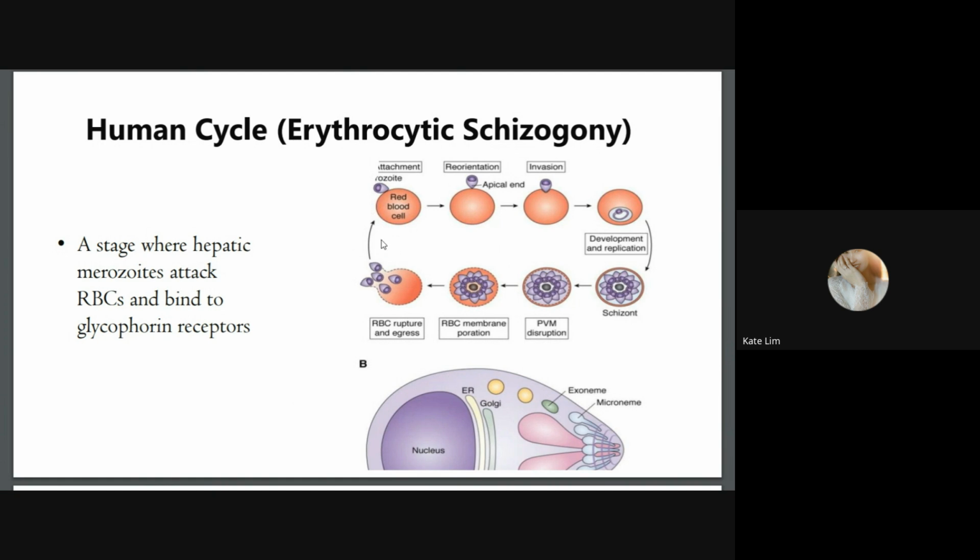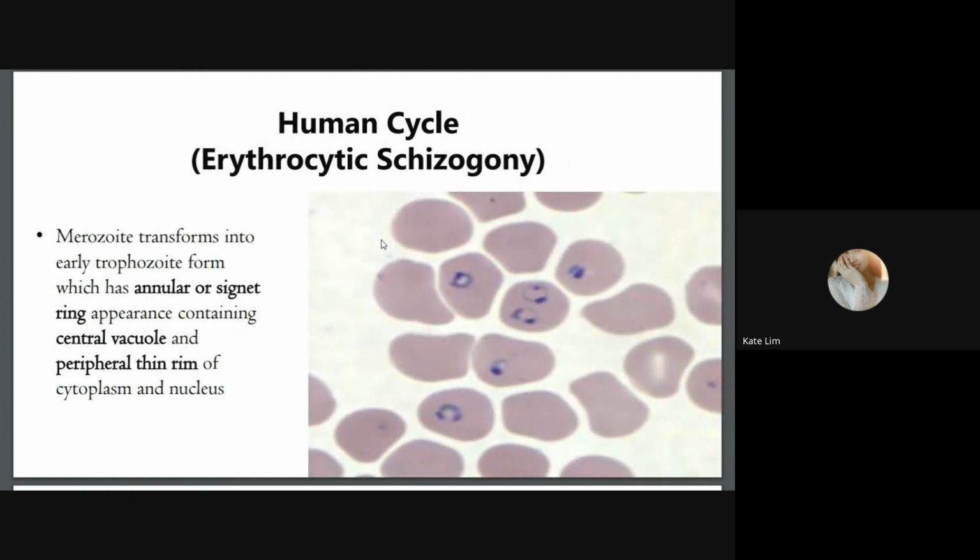So when the merozoite enters the RBC, the merozoite undergoes a transformation. This early transformation is what we call the early trophozoite. Your trophozoites have two maturation series. We have the early or the young trophozoites, and we have the mature trophozoites.